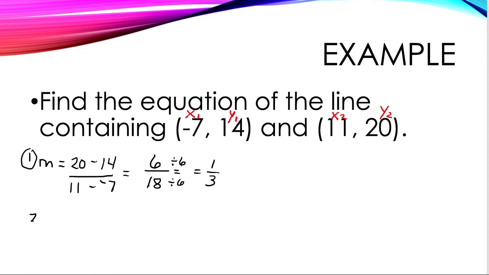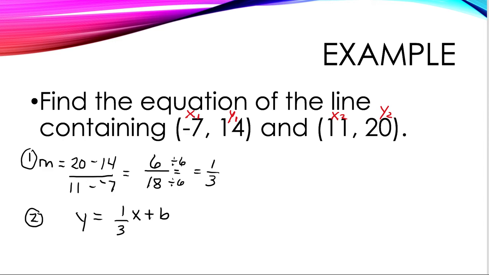Remember, the second step is to find the b value. So we're going to take our format of our function, y is equal to mx plus b. We're going to plug in our slope. So our slope is 1/3. We're going to plug in an x value and a y value.